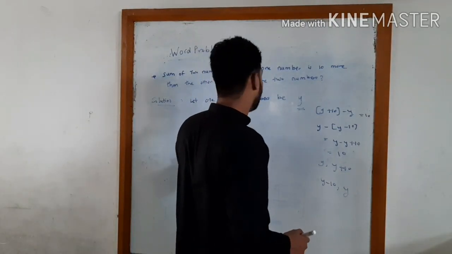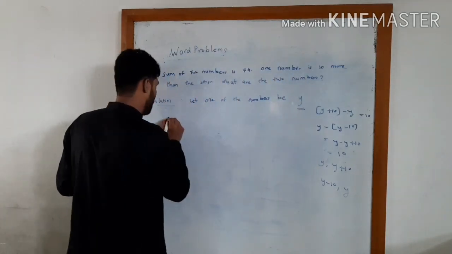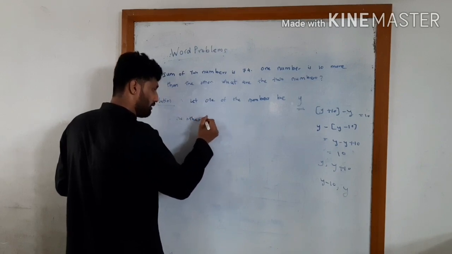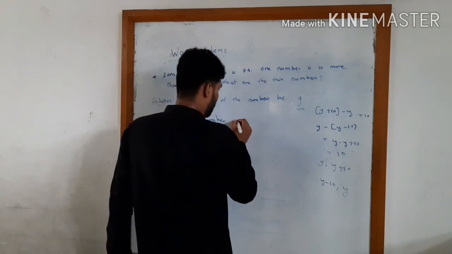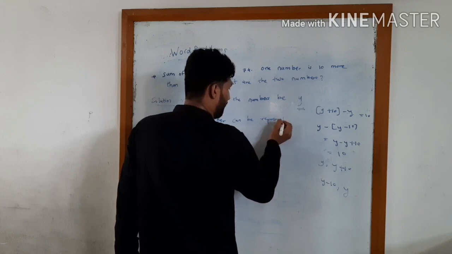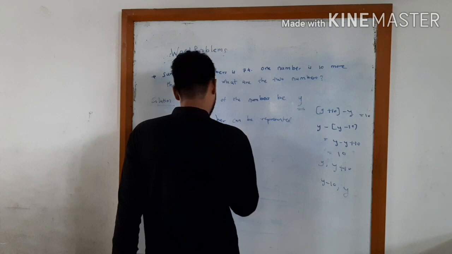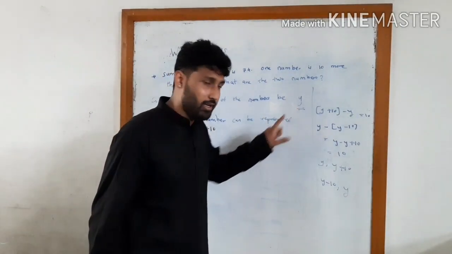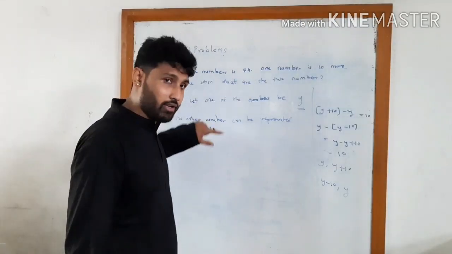Okay. So let one of the numbers be y. Therefore, the other number can be represented as y plus 10. So first number is y, second number is y plus 10. Sum of the numbers is 74.